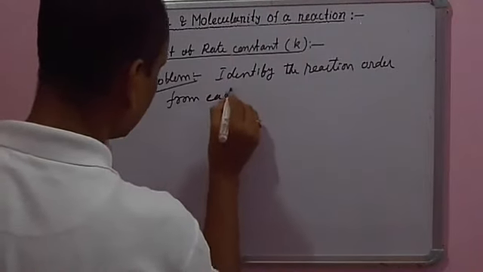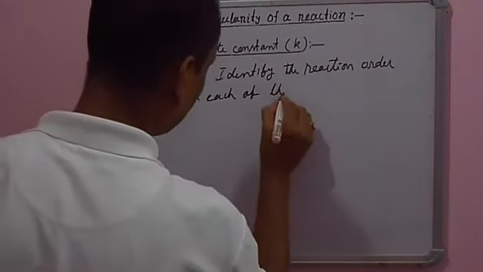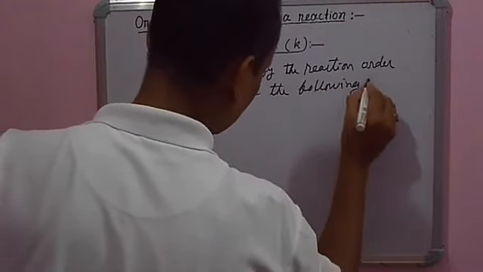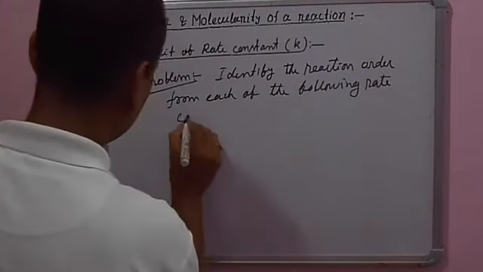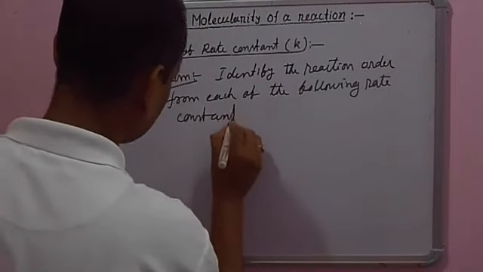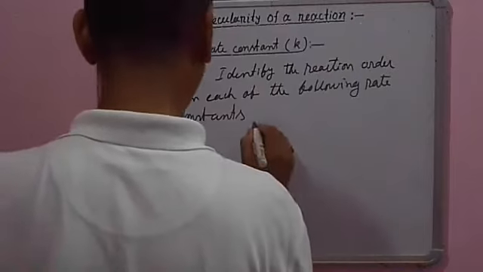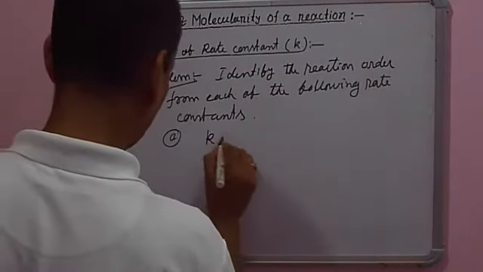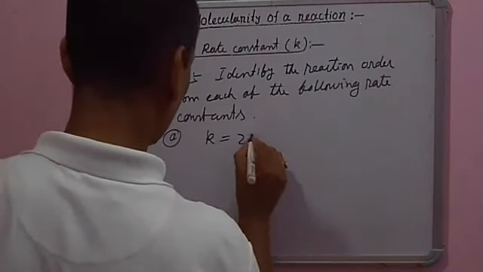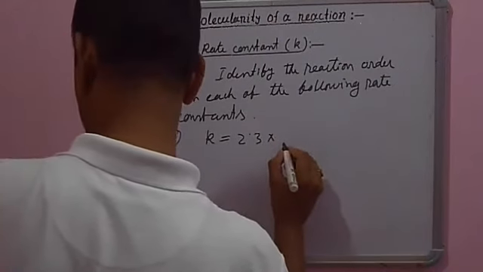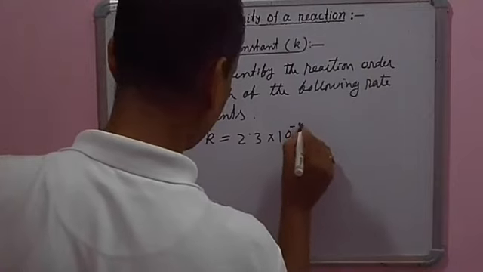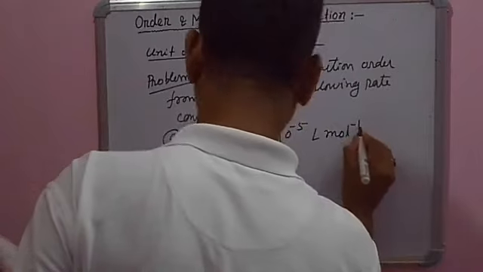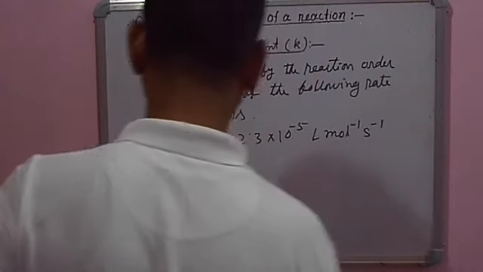A, K equal to 2.3 into 10 to the power minus 5 liter mole inverse second inverse.